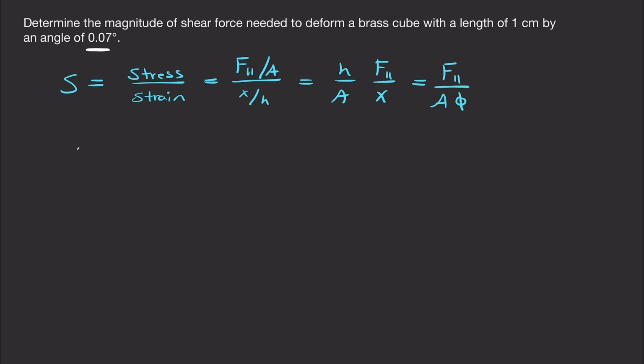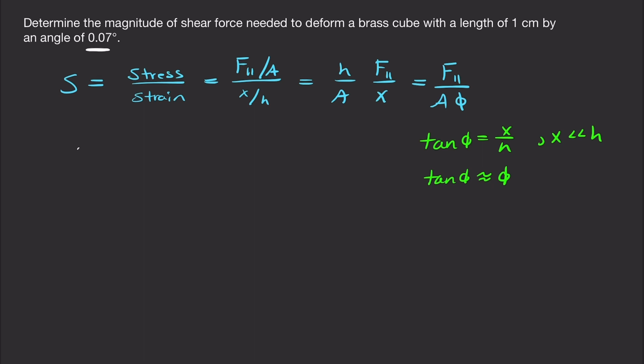Okay, so here we use the fact that tangent of phi is equal to X over H, but when X is very small relative to H, so very small values of phi, tan phi is roughly equal to phi. Okay, so this is a small angle approximation.